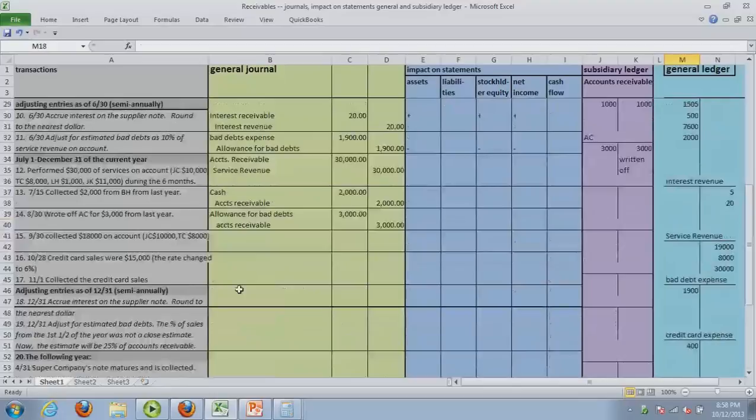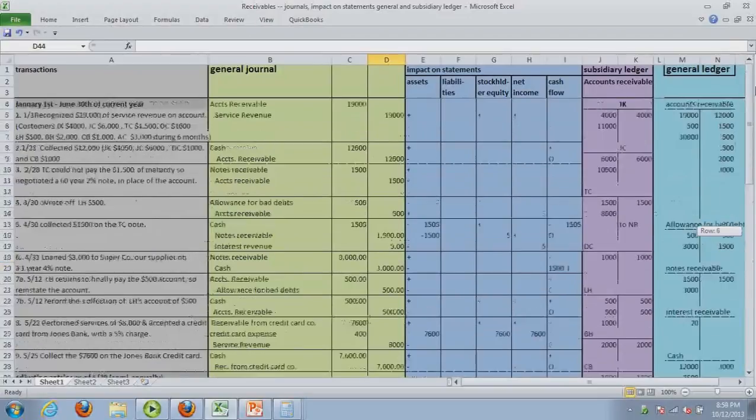Okay, next we collected some money, which is always good news. And I'm going to pick up the 18,000 here, and then I'm going to post only 2 people paid me, JC and TC. So JC is there, and TC is here. And that 2 notes receivable actually goes with the first entry, so I'm just going to take it out so we don't get confused.